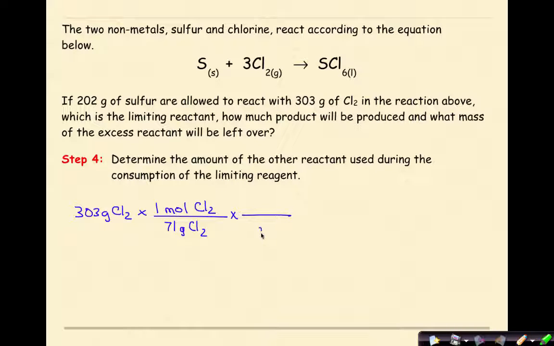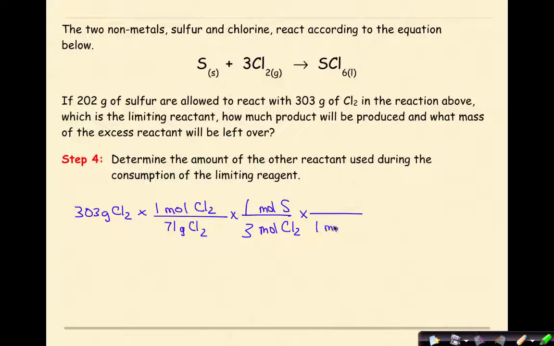So we are converting from moles of Cl2 to moles of sulfur. Going to go up and look at my balanced equation. There is a 3 in front of the Cl2. There is a 1 in front of moles of sulfur. And finally, I'm going to convert that moles of sulfur into grams of sulfur.